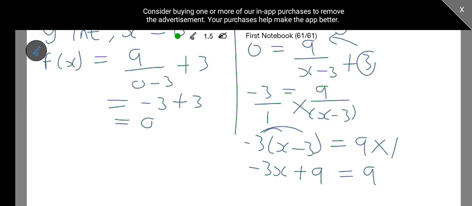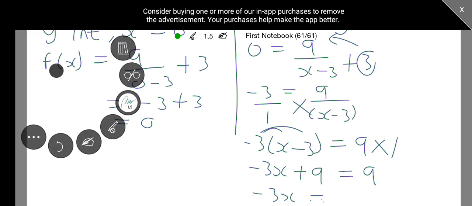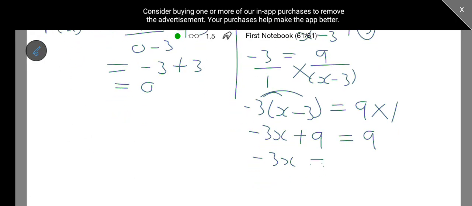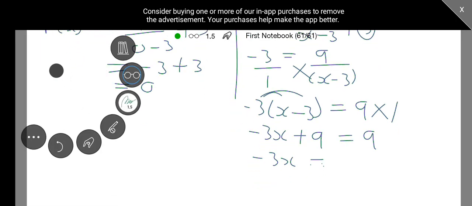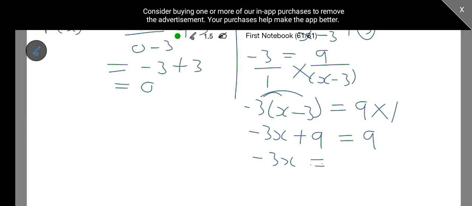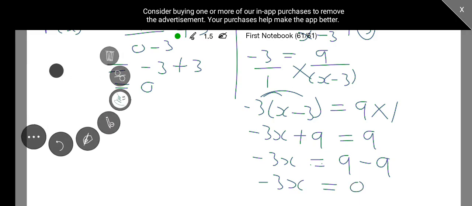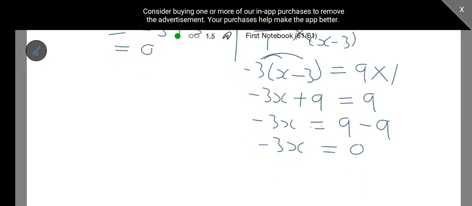So, we're going to say negative 3x is equal to 9 minus 9. And at the end, we have negative 3x is equal to 0. This means that our x-intercept is also 0.